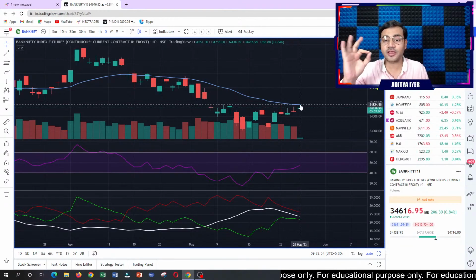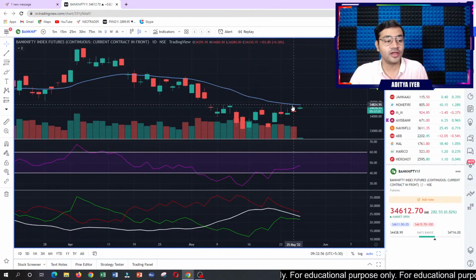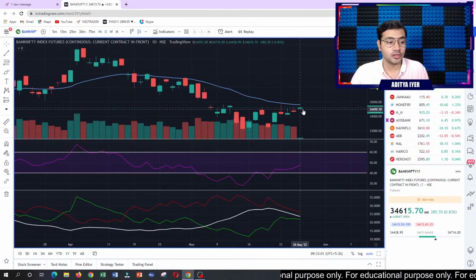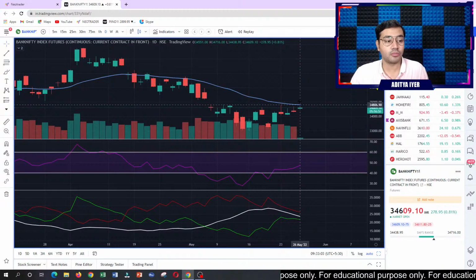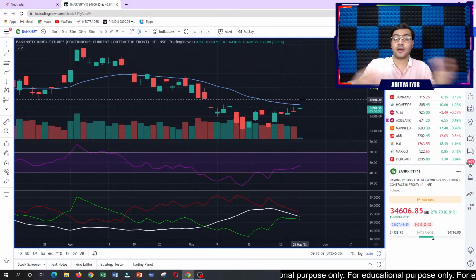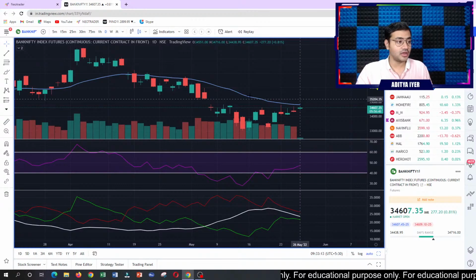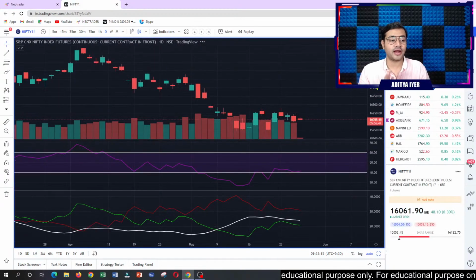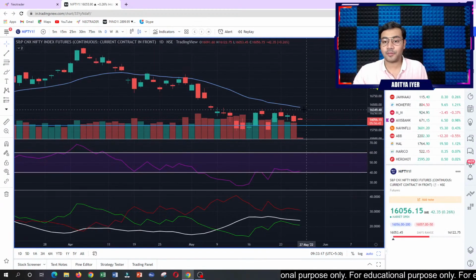The first thing that needs to happen is we need to see this moving average band being breached. So this candle here should tomorrow or the day after go up above this. Only when that happens can we surmise that the trend is changing. Similarly, when I go to the Nifty, I don't see that happening too much, because more or less the trend will continue sideways.